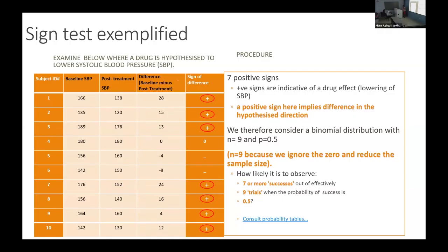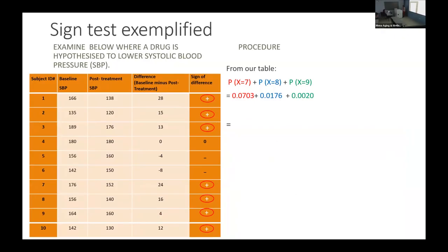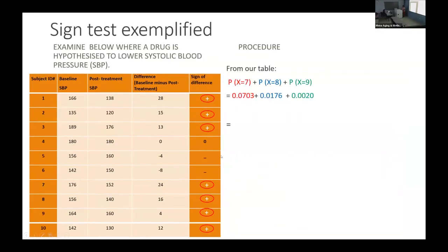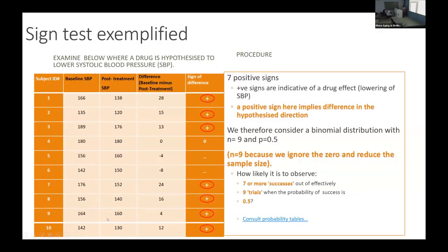Now we need to consult our probability tables. So let's do that. Let's not jump the gun. Let's take it one step at a time.